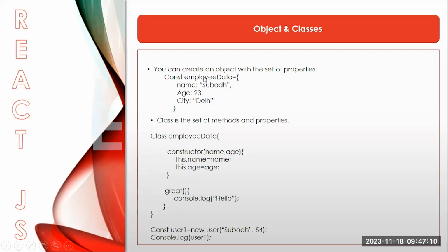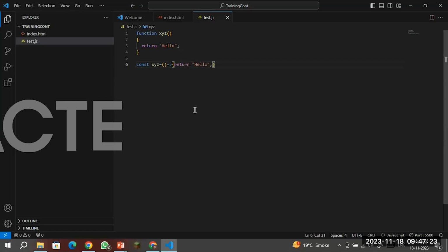Have you heard about the JSON object? A JSON object works on this. For example, I'm showing you. Suppose const my obj equals, this is my simple object, that has the f name, first name.